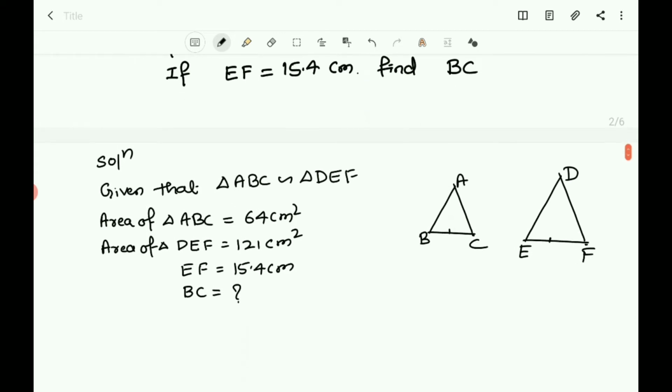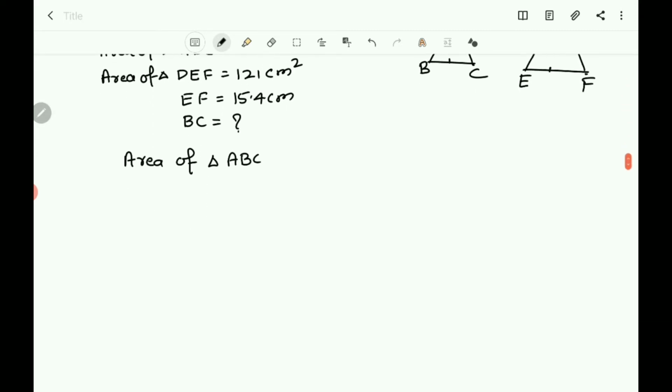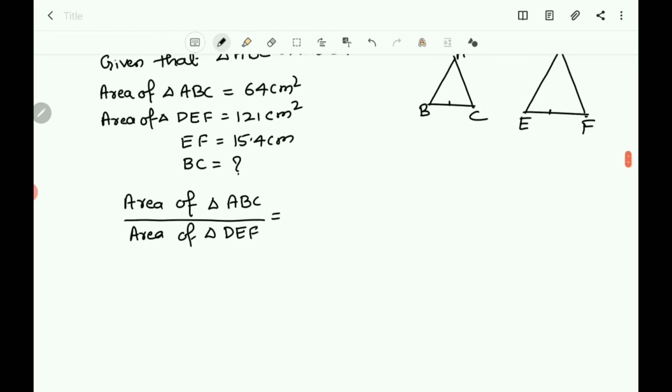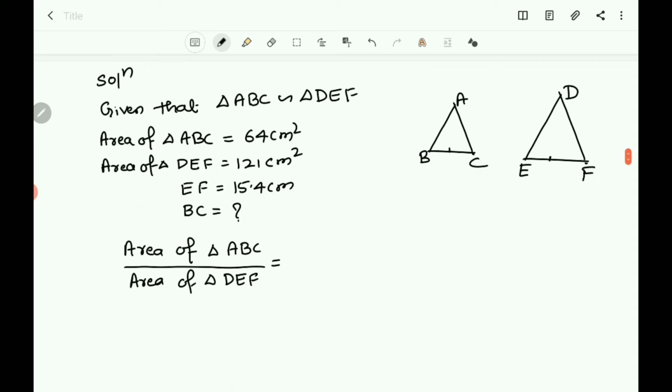So you write area of triangle ABC by area of triangle DEF is equal to, take the squares of the corresponding sides here. So it becomes BC by EF the whole square, that is equal to, what is given here?